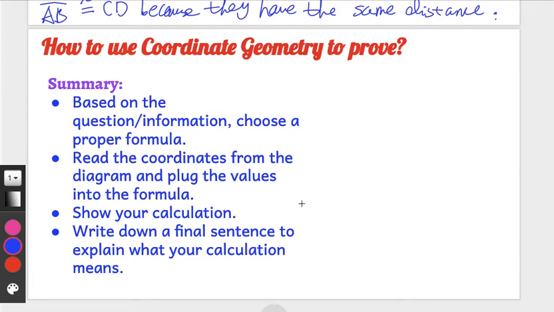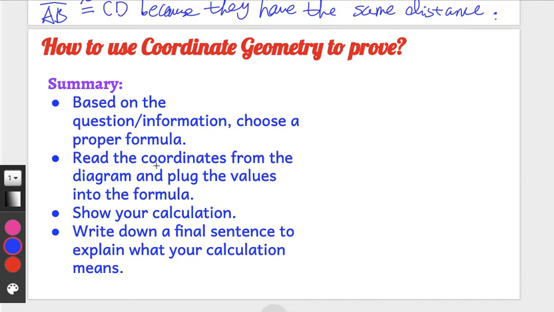The very first thing is always based on the question or information, because later on I will probably give you a picture and a quadrilateral to prove a parallelogram. So information can be different, but we always need to choose a formula. Are we going to use distance? Are we going to use slope? Or are we going to use both formulas to serve different purposes?